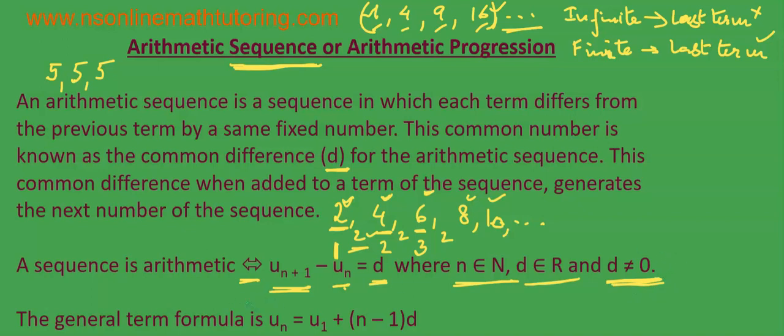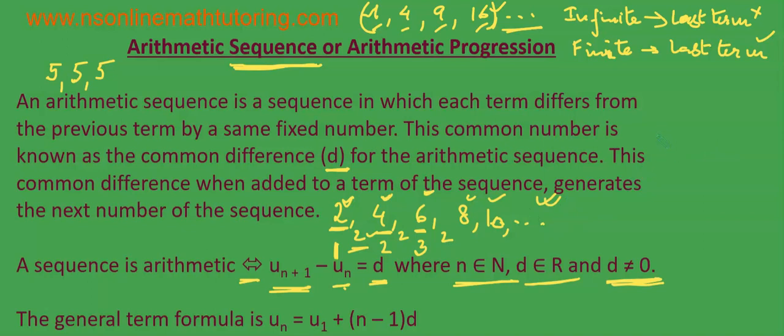Now, the last thing that we have to know about arithmetic sequences before starting with our questions. The general term formula, obviously for an arithmetic sequence, is un is equal to u1 plus (n minus 1) times d. So how are we deriving this formula? How are we getting this formula? Let's see. Let's take this very arithmetic sequence.